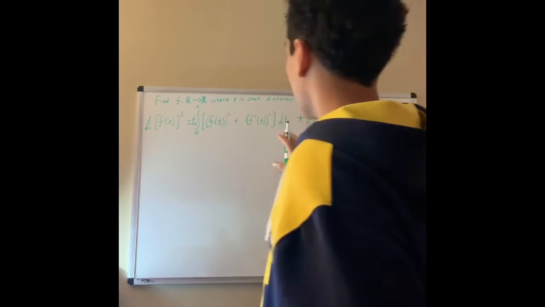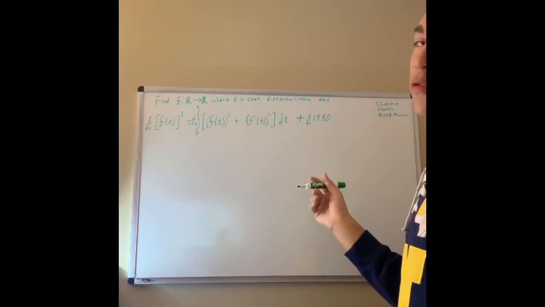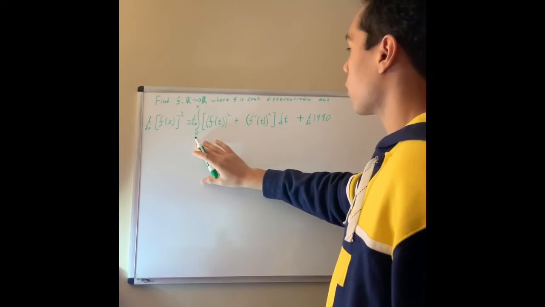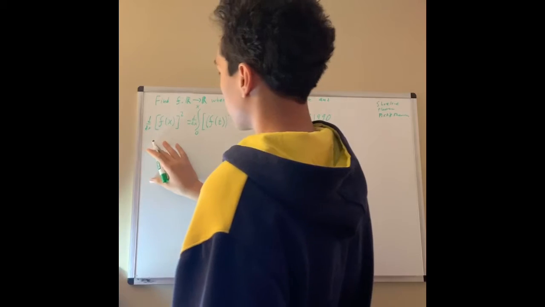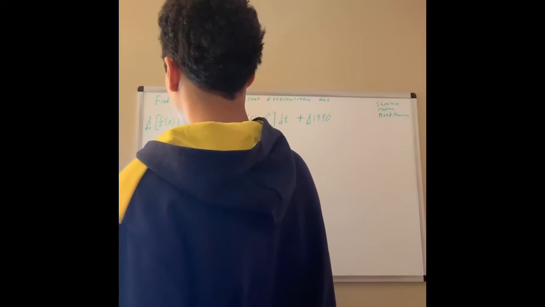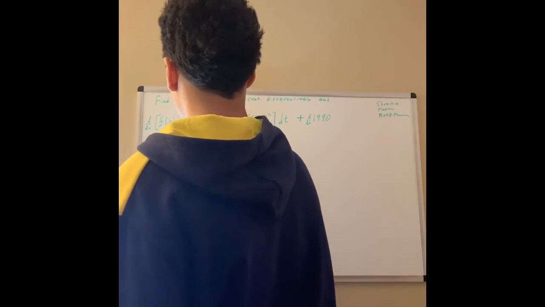We are allowed to do this. I don't know the full justification for it, but I know we're allowed to do this by the fundamental theorem of calculus. So first of all, this derivative on the left-hand side is going to be 2f(x)f'(x).